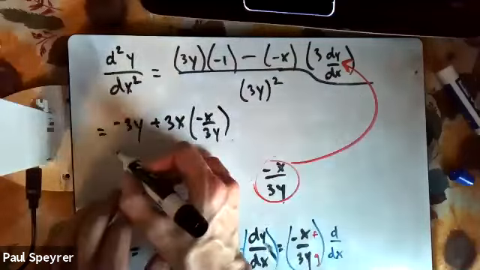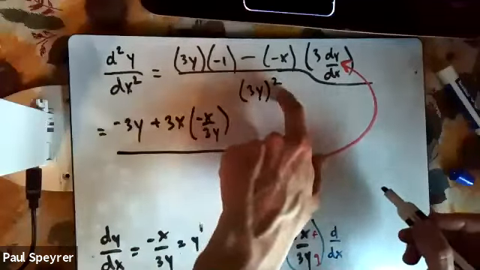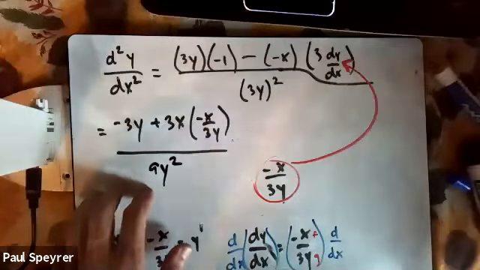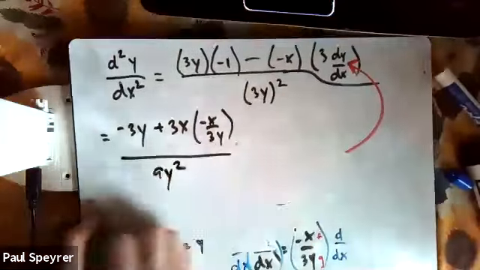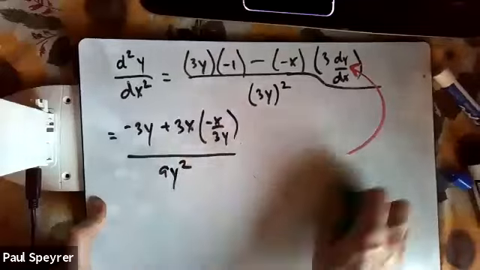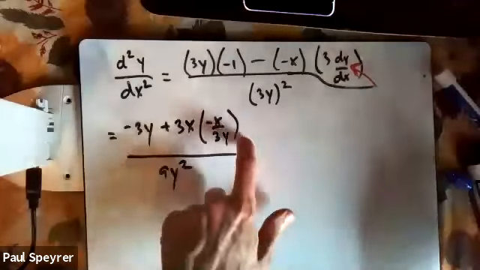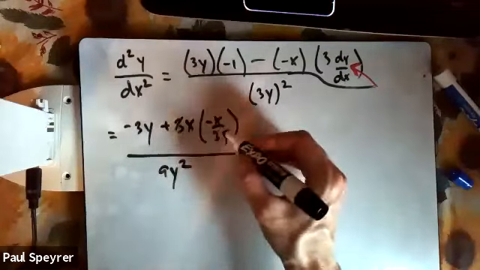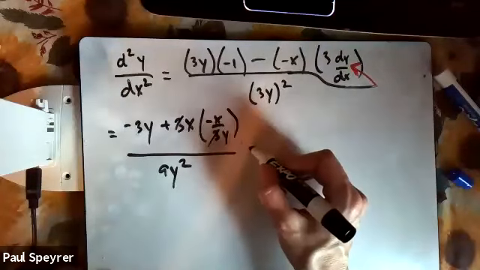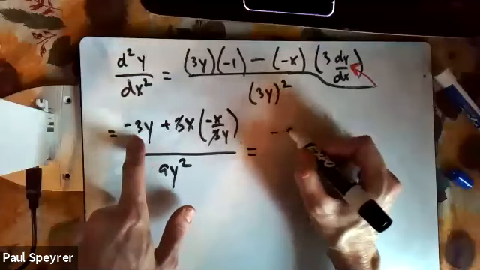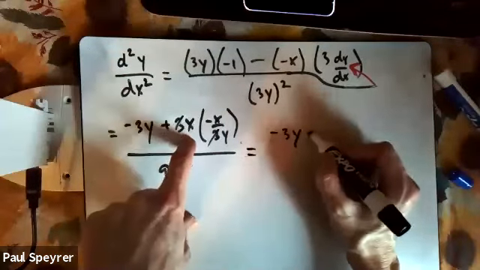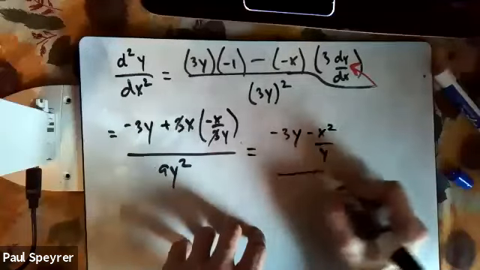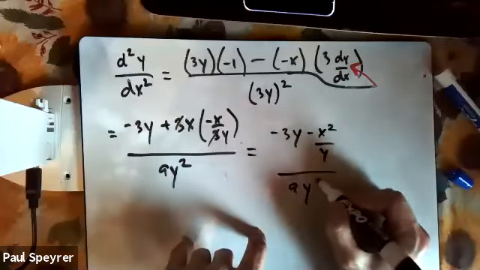And then all divided by 3y squared, that quantity, which is 9y squared. Now we need to simplify it. What can we do? Well, we can definitely knock out these 3's, and then we have negative 3y minus x squared over y, over 9y squared.